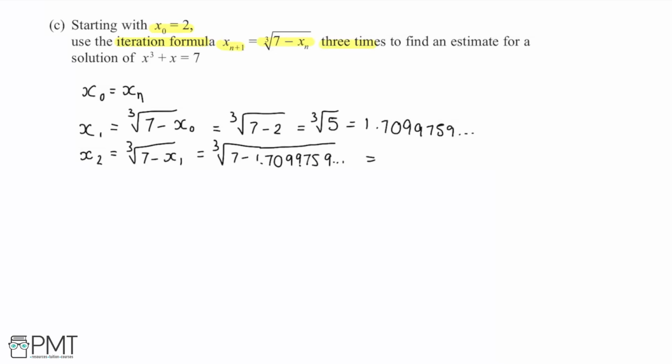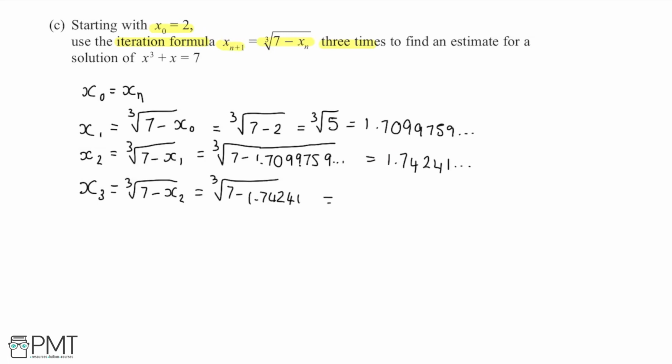And if we find the exact value of this, it will come out with an answer of 1.74241, etc. And then we can use this exact value again, keeping that stored in our calculator, to find x3. So that's using the iteration formula 3 times, finding the cubed root of 7 minus x2, which is this value.